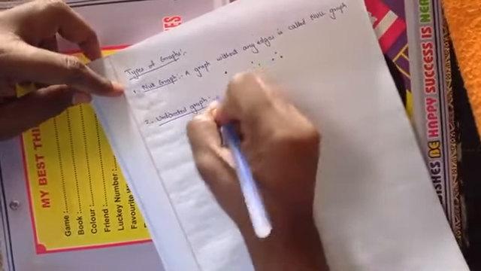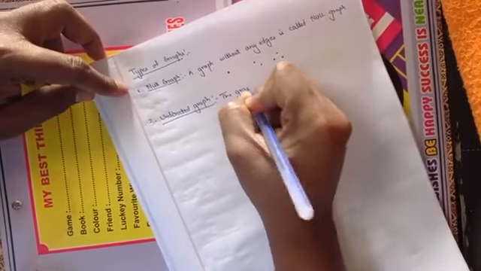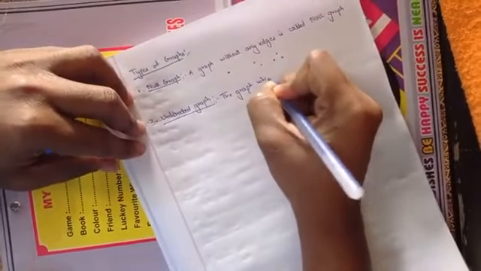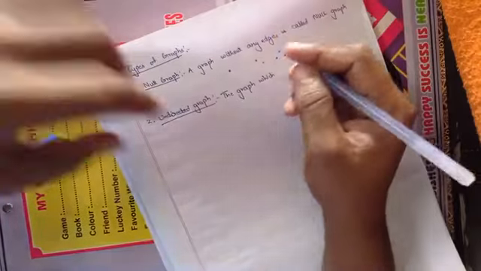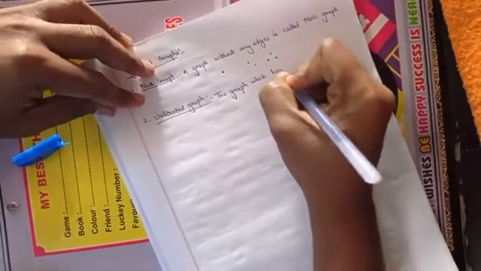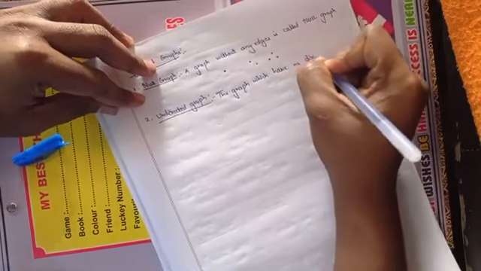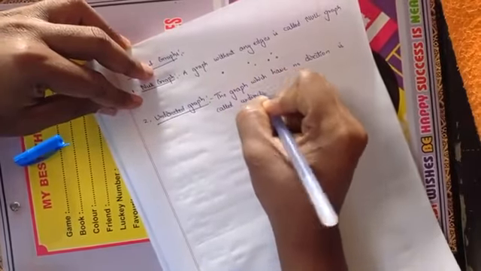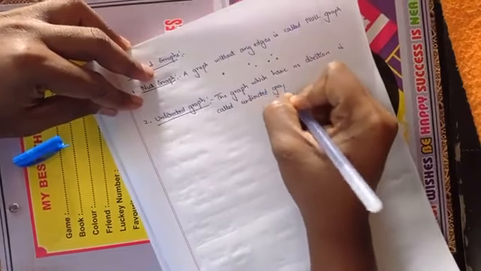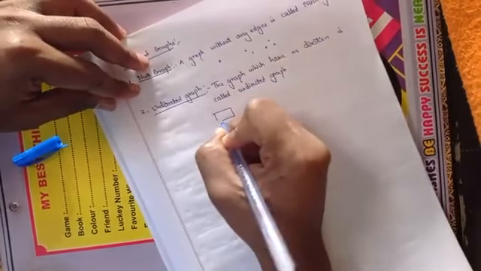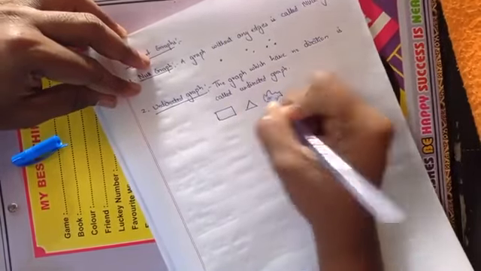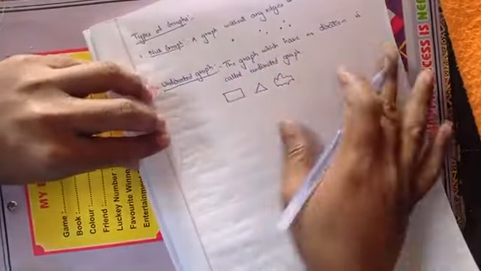The graph which has no directions is called an undirected graph. So this is an undirected graph. You can draw graphs as per your requirement.